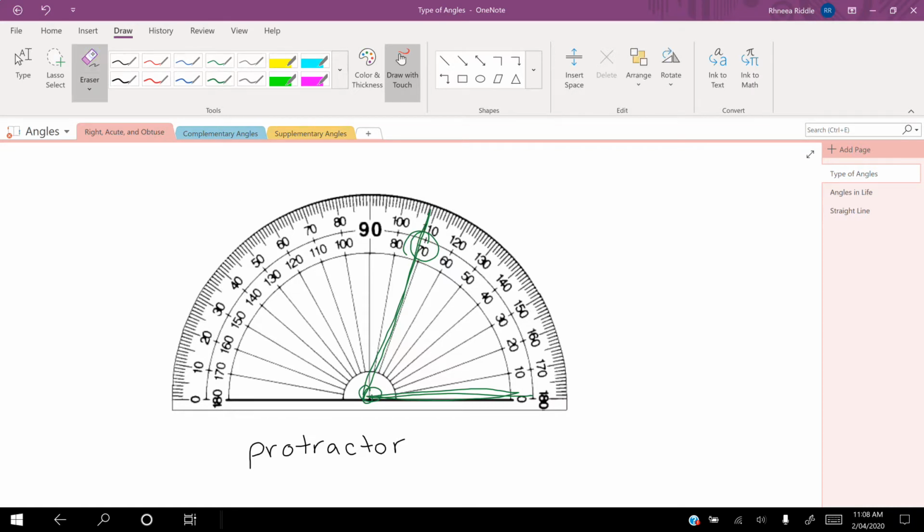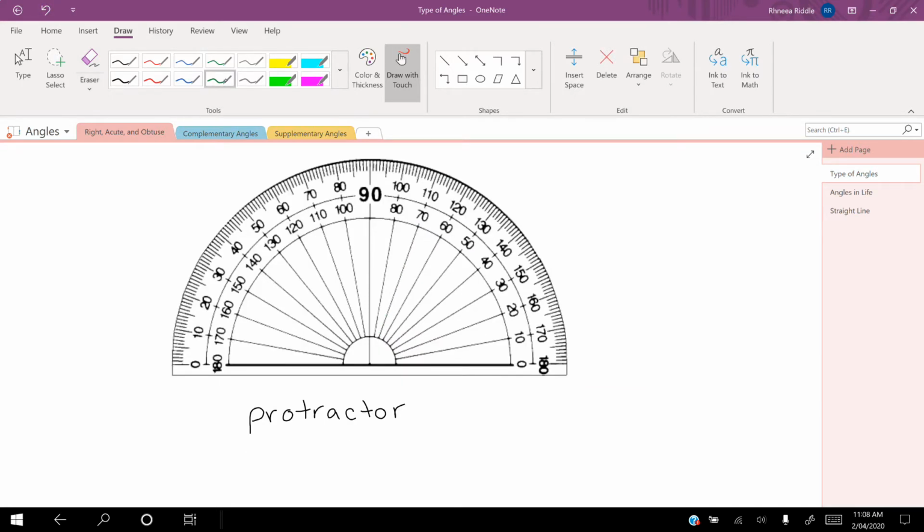And it can be a little tricky to use, mostly because of knowing whether you're going to be using the top or the bottom. So if the bottom or the base of the angle is pointing this way, you're going to use the outer numbers here.